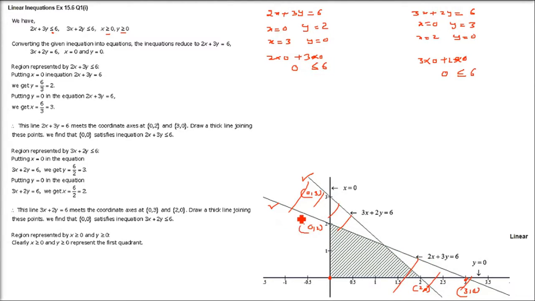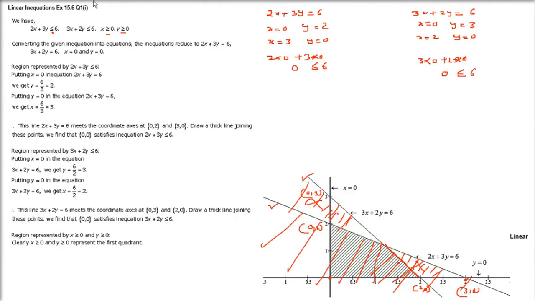The line is saying the solution is below this line, so we will not take the portion above it. Here also, the solution is below this, so we will not take these portions.